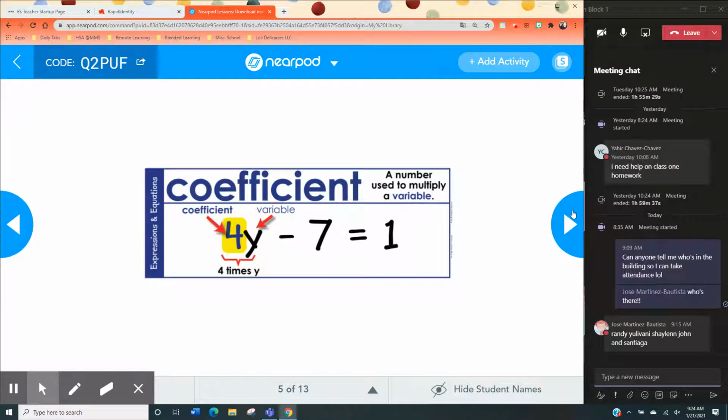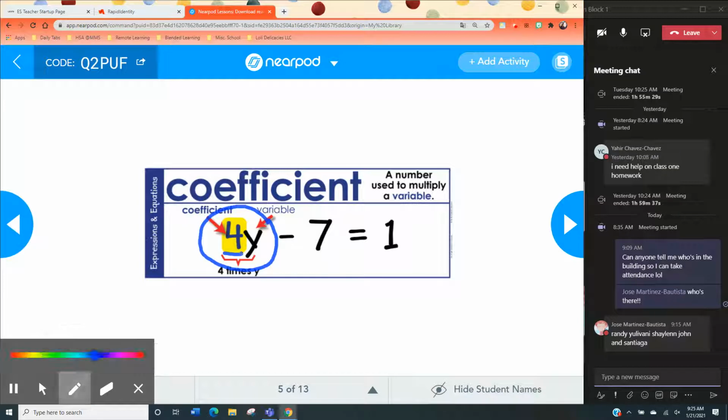The coefficient is the number used to multiply a variable. So if you see a number and a letter together, the number is considered the coefficient, the letter is considered the variable.